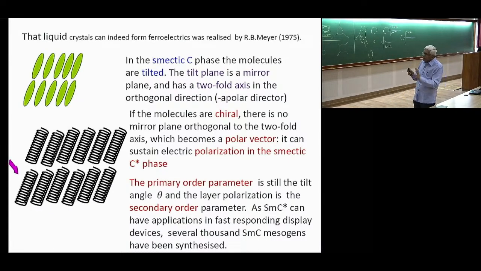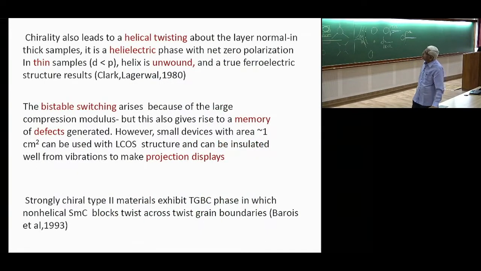It also means the molecules do not rotate as freely in Smectic C star. See, star means chiral, by the way, as in the Smectic C phase. But of course, it also leads to a helical twisting. So it's a helielectric phase. So in a macroscopic sample, there is no polarization.